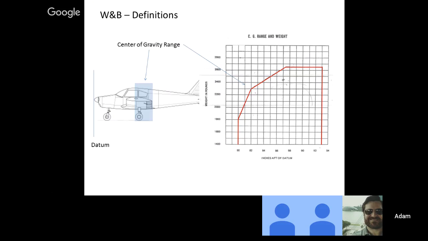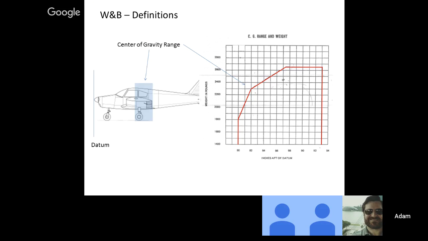We talked on the second slide about center of gravity, and also about performance limits on weight and balance. When we talk about the limitations from a weight and balance standpoint, we're primarily talking two particular parameters.